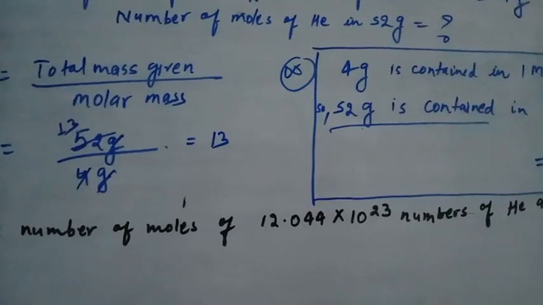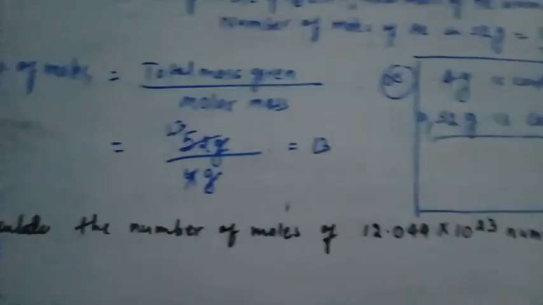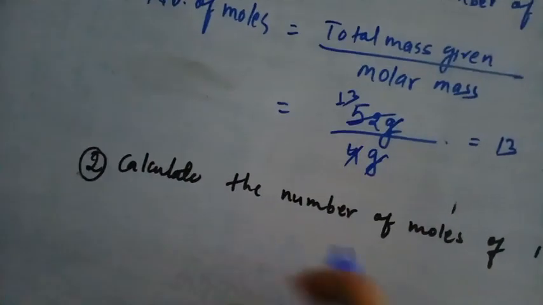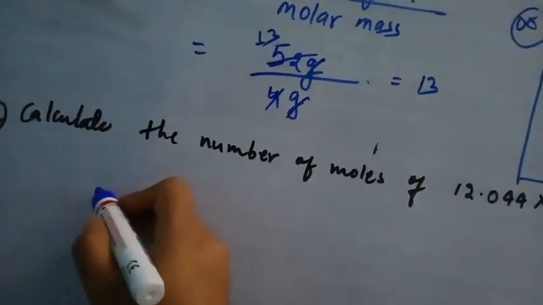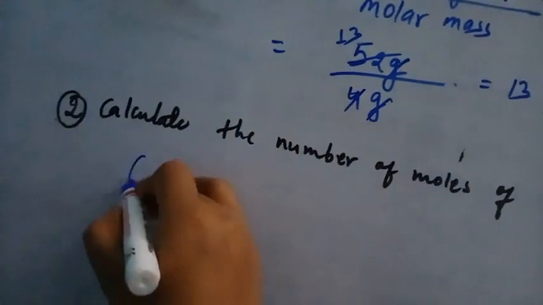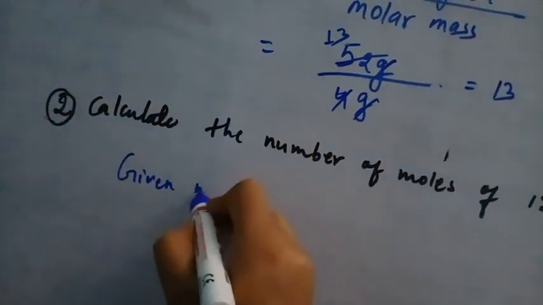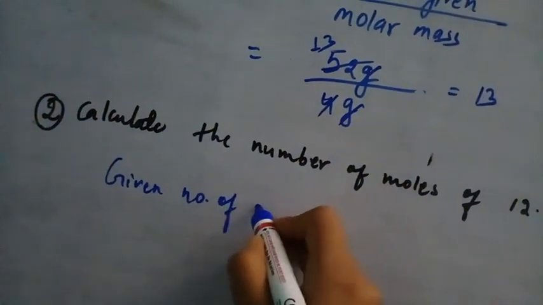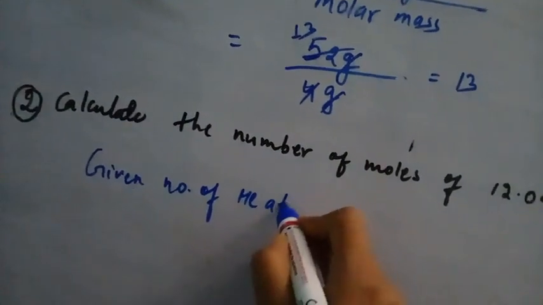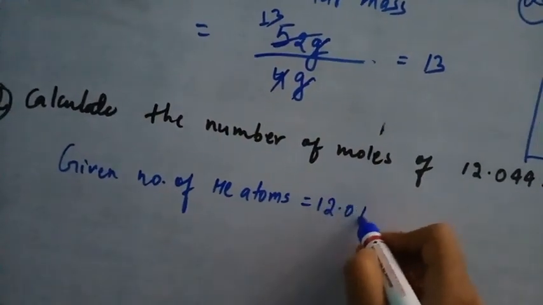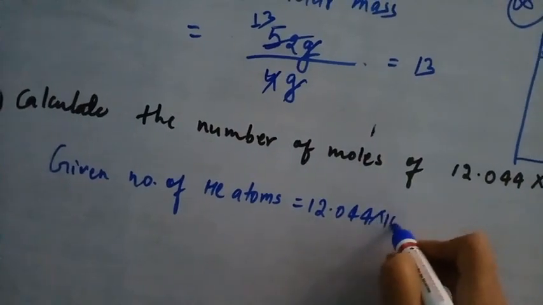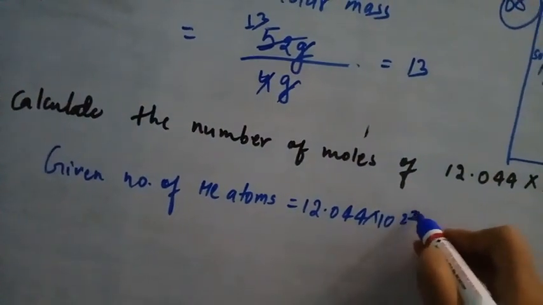Here also you can employ two methods. First we will see what is given. The given number of helium atoms is equal to 12.044 into 10 to power 23.